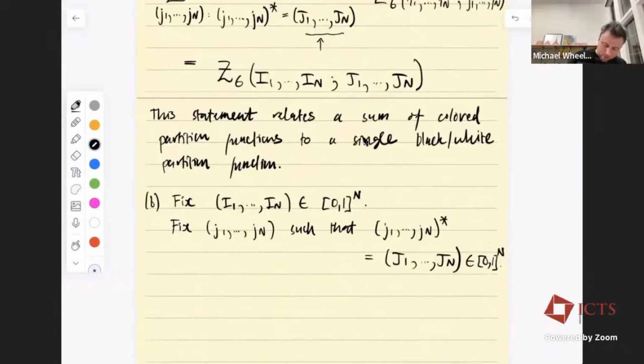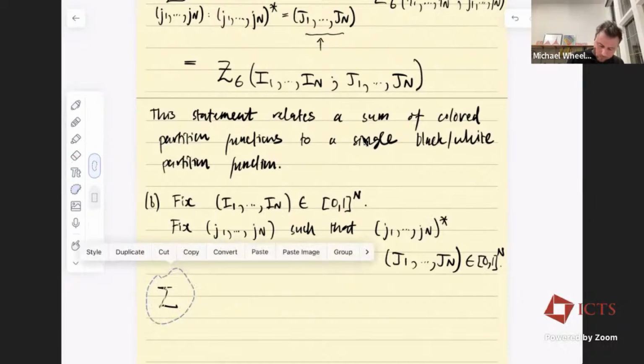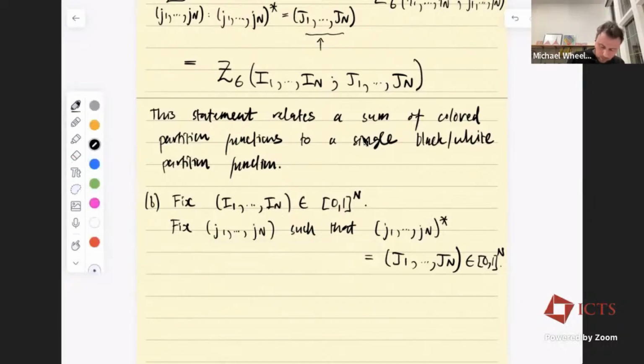Okay. So in that case, oh, I forgot there's a q inversion that I will need. So this time you get inversions, but with a subscript 1. So it's precisely the situation where you just throw out the zeros from your vectors in order to compute the inversion statistic. So q to the minus inv_1 of (j sigma 1 up to j sigma n).